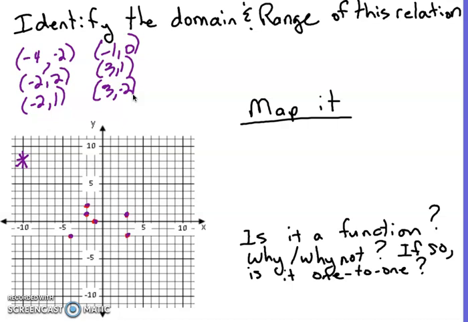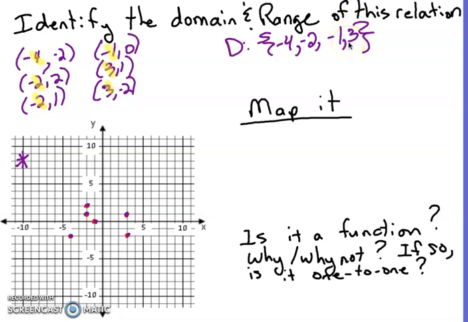So it says identify the domain and the range. Well, the domain, remember, is the set of all the inputs, all the x's. So we have -4, -2, and all I'm doing is looking at all the x's right here. And I don't want to repeat any numbers.